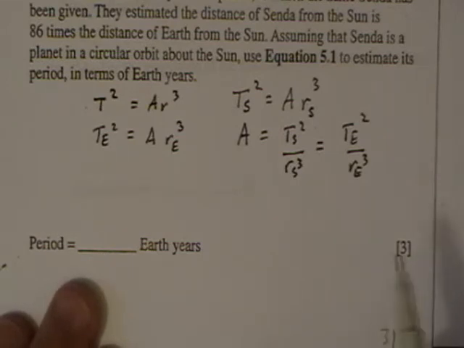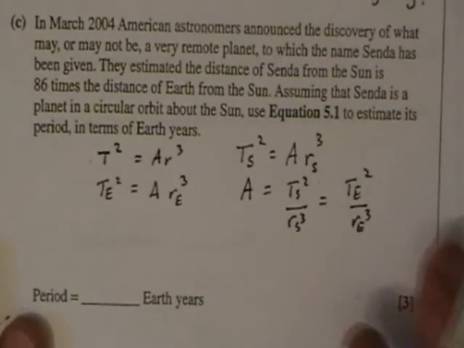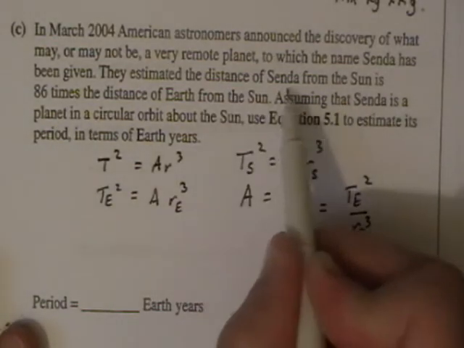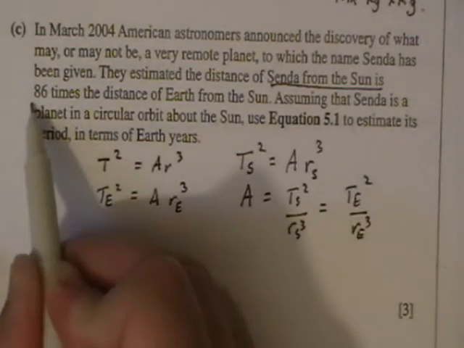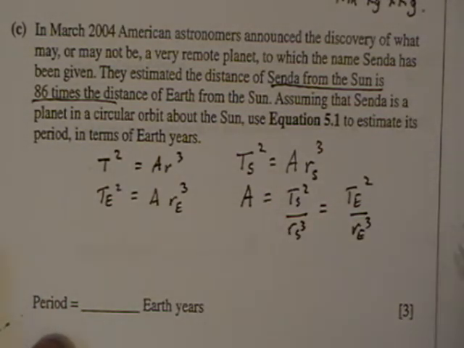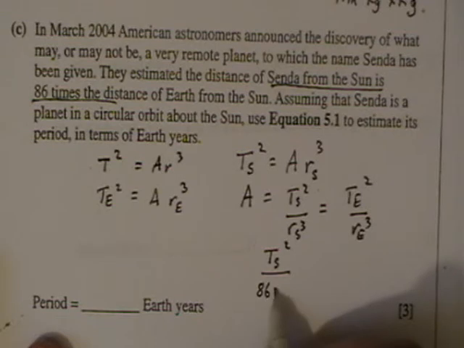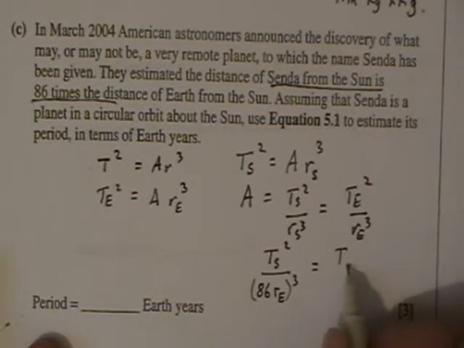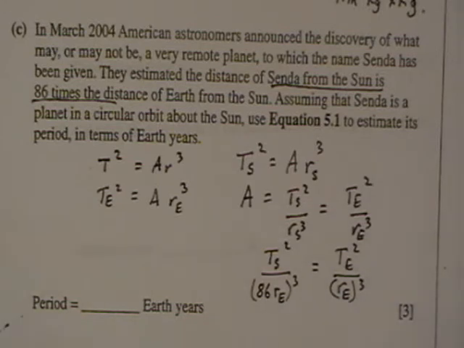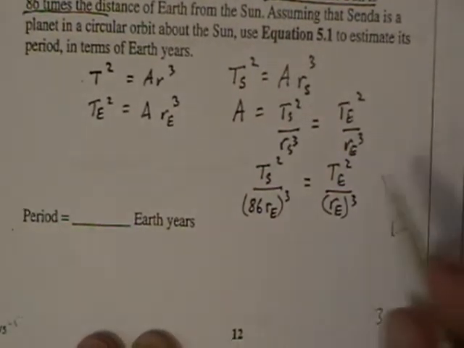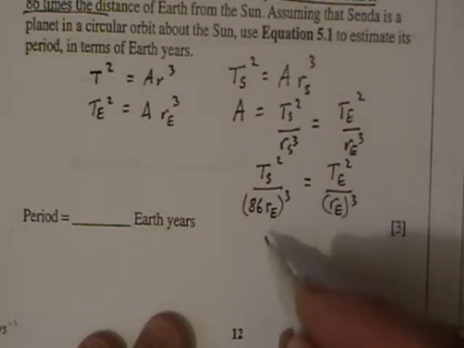We're told that Sedna's distance from the Sun is 86 times the distance of the Earth. So what we've got now is Ts squared over (86 times the radius of the Earth's orbit) cubed is equal to the period of the Earth squared over the radius of the Earth's orbit cubed.